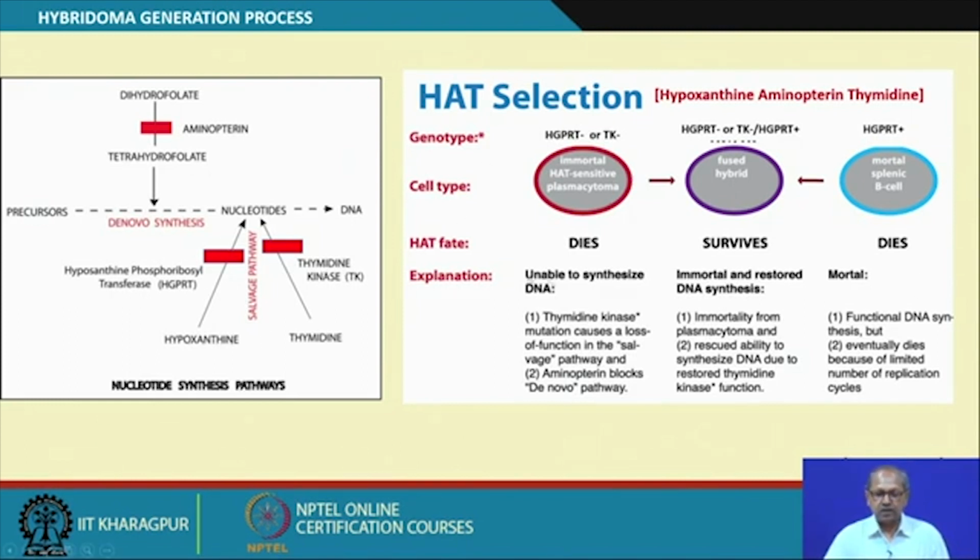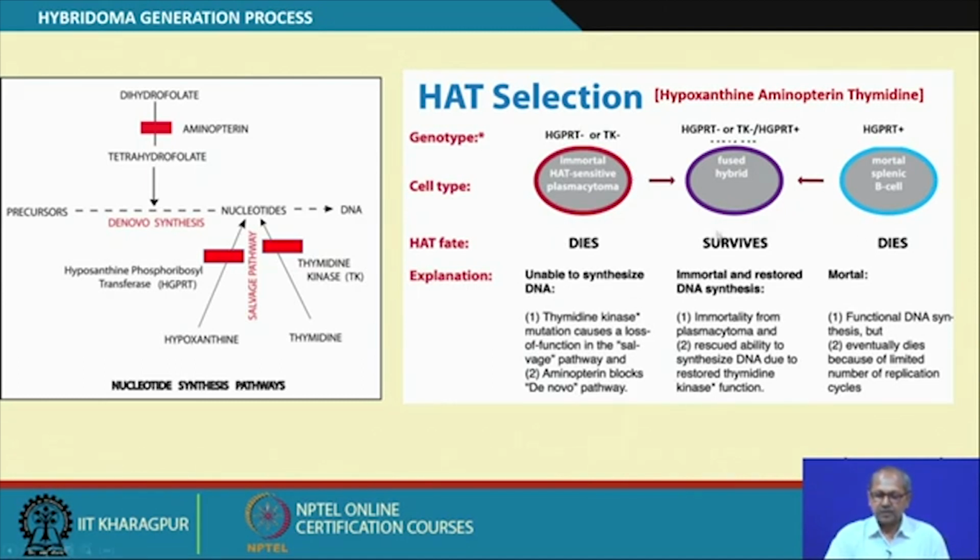This means that in that cocktail of the fusion pot, in that mixture of HAT selection media, your splenic B cells will die after 2 or 3 generations of culture, whereas the HGPRT minus or TK minus, HAT-sensitive plasmacytoma will die.